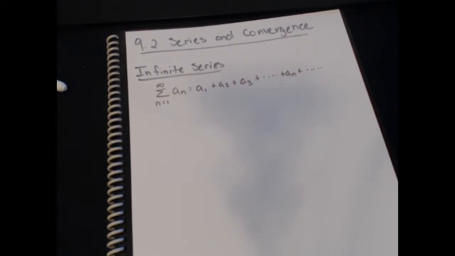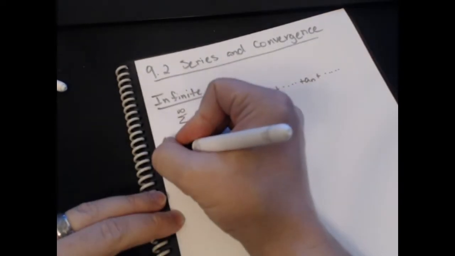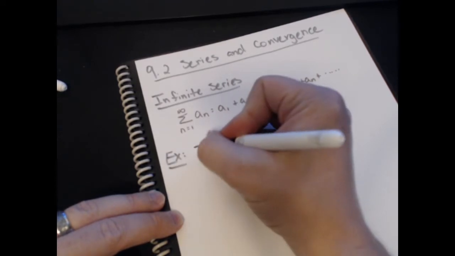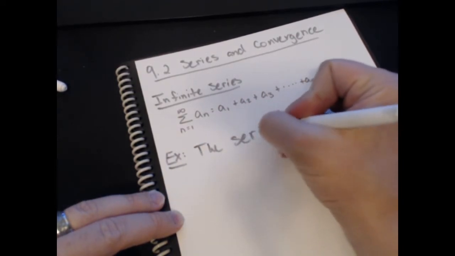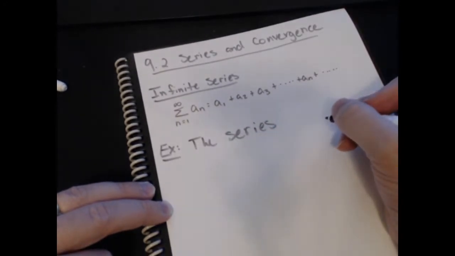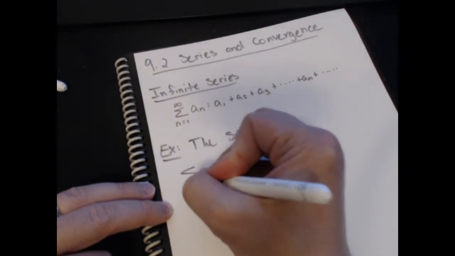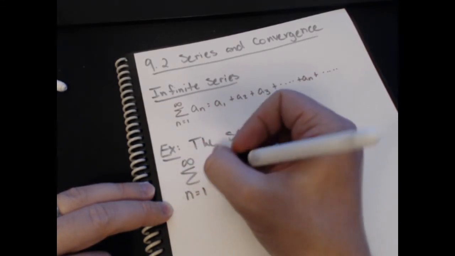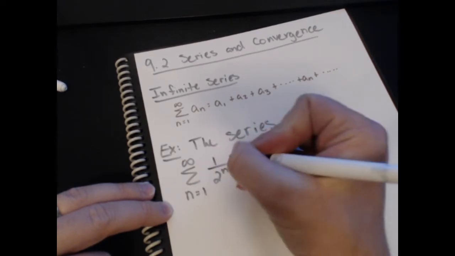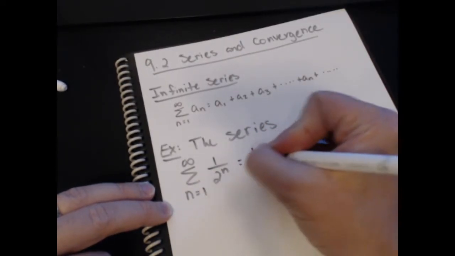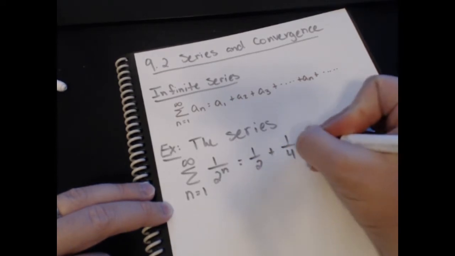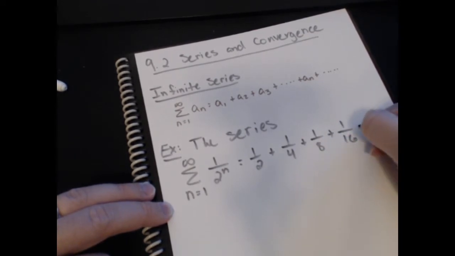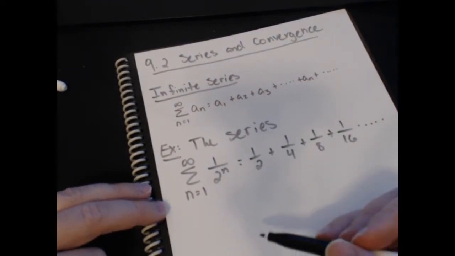So they have an example of a series here. We have the summation from n equals 1 to infinity of 1 over 2 to the n, which equals 1 over 2 plus 1 over 4 plus 1 over 8 plus 1 over 16, to infinity and beyond.